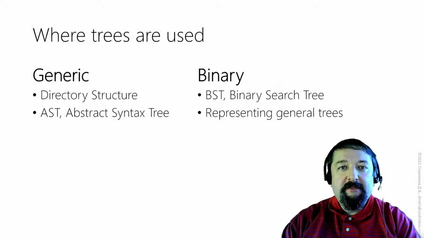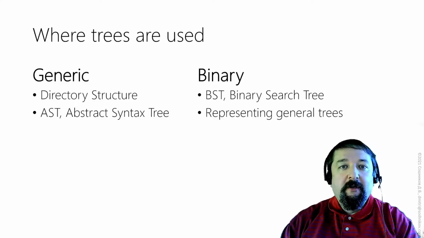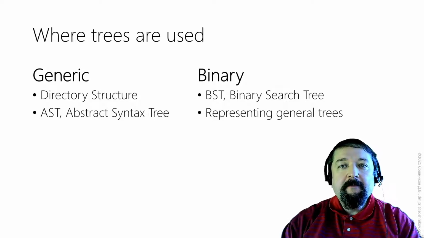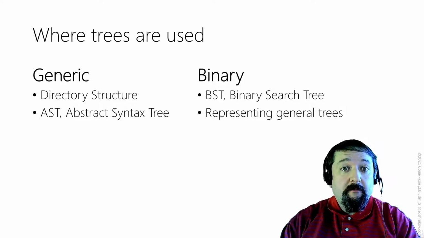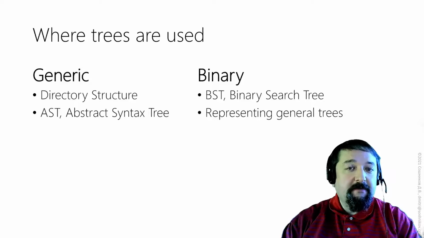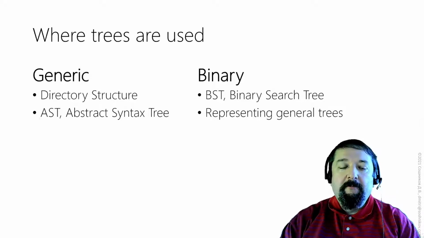Namely, general trees are used to represent things like the directory structure on your computer. If you think about it, all files and folders are organized as a generic tree. Or any program in any programming language can also be represented as a tree, which is called an abstract syntax tree. And that is very useful when you are writing compilers, to represent the structure of a program.